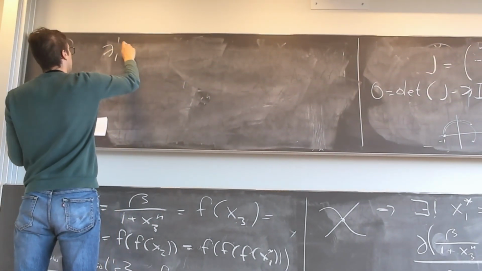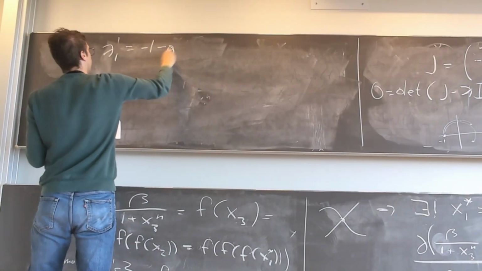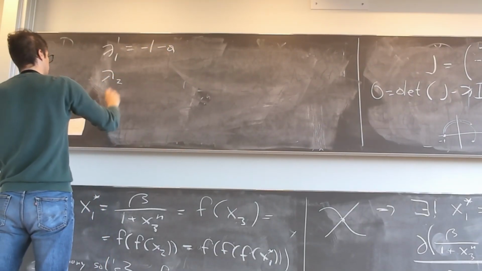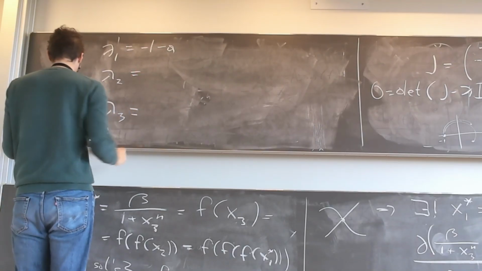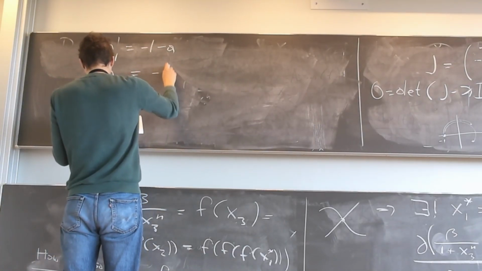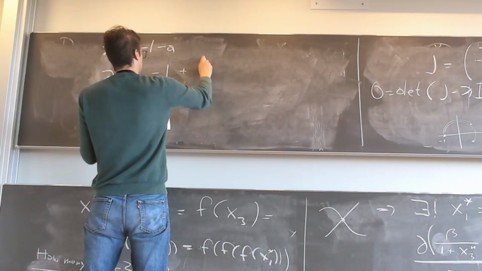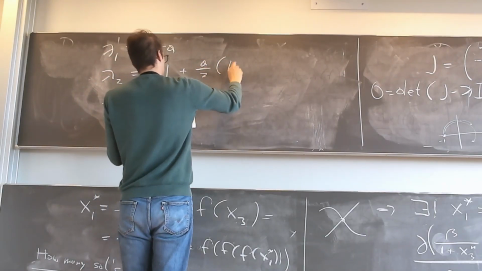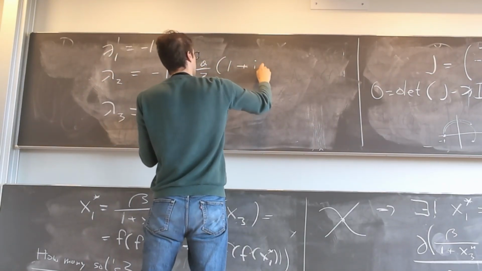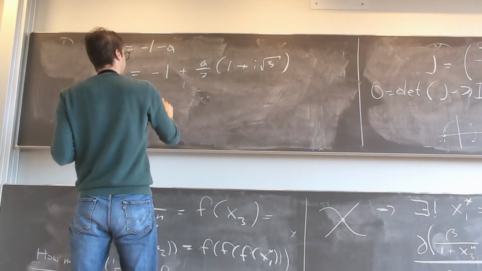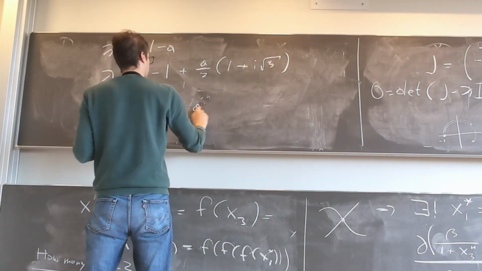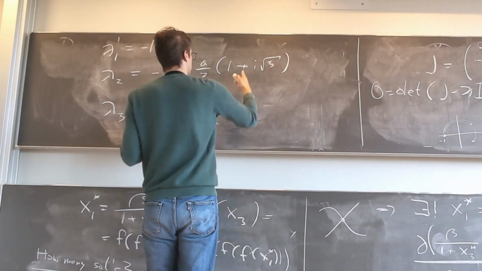Lambda 1 is minus 1 minus A. Lambda 2 and lambda 3 have to be complex conjugates of each other. And it's minus 1 plus A over 2 times 1 plus i square root 3. And the other one just has a minus here.